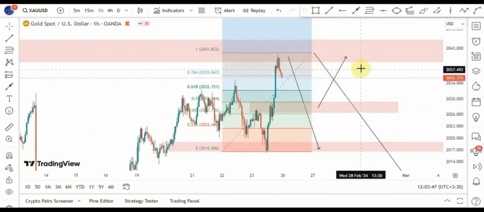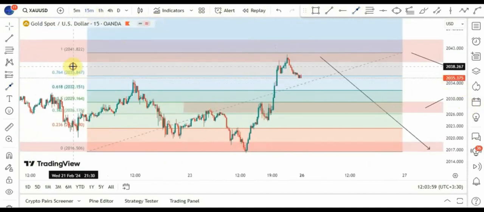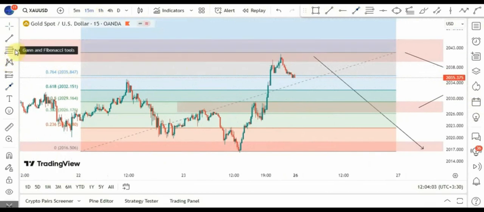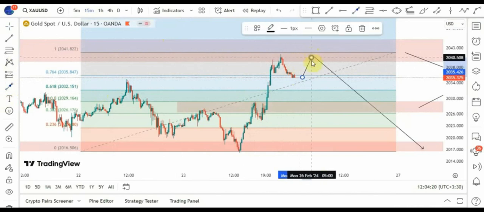Now let me switch the time frame to 15. So it is more likely that when the market opens one day, gold will have a pullback to this zone again, around 2040 or 2041, and then pull the price down till here.